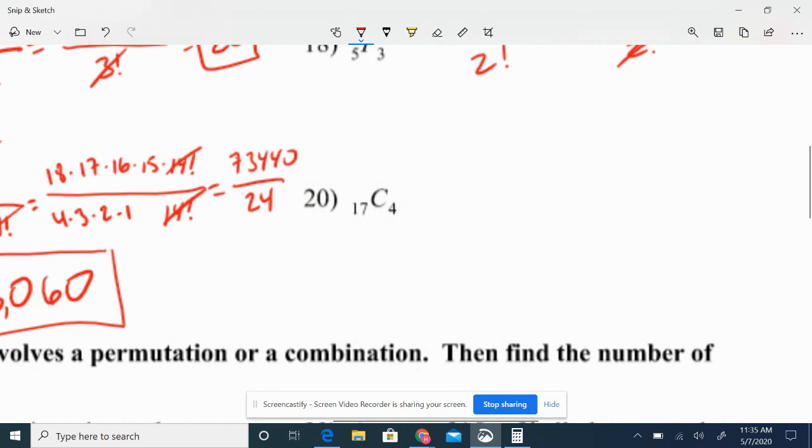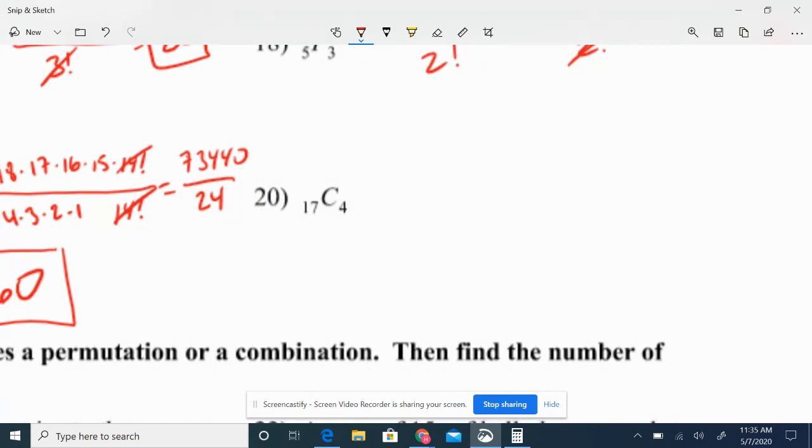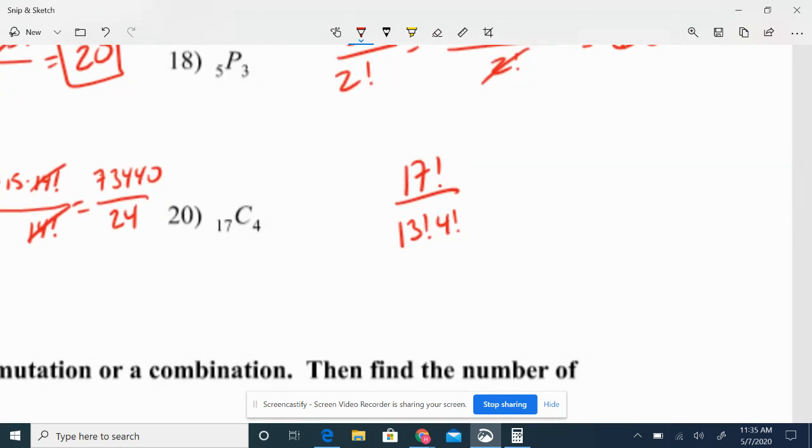Now let's take a look at question number 20. 17 combination 4, or like how people say sometimes 17 choose 4. I'm going to start this by calling this 17 factorial over 13 factorial. But at the bottom, I'm also going to have a 4 factorial. All right, so let's see.